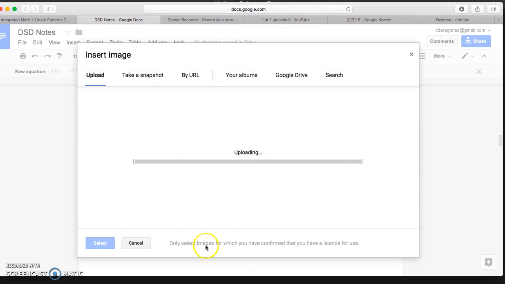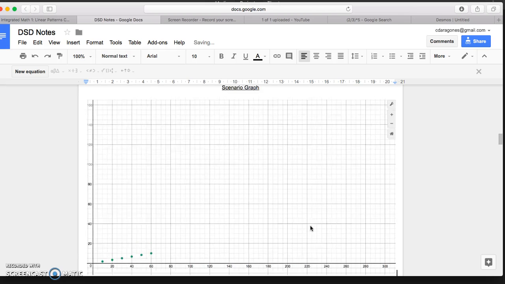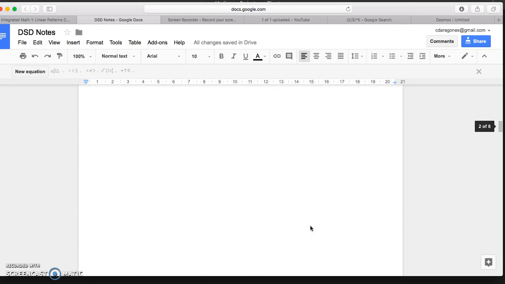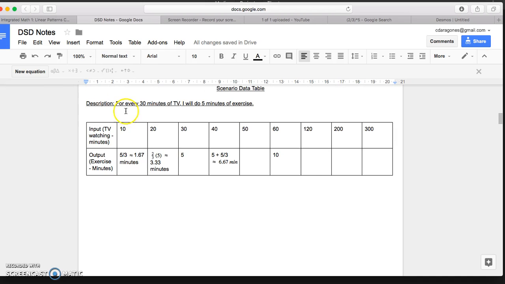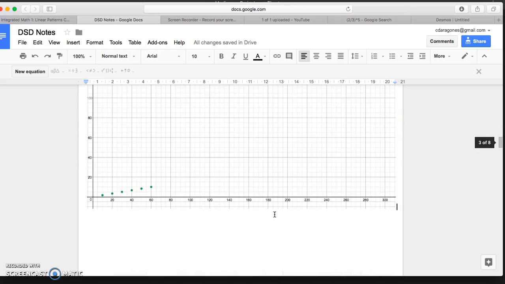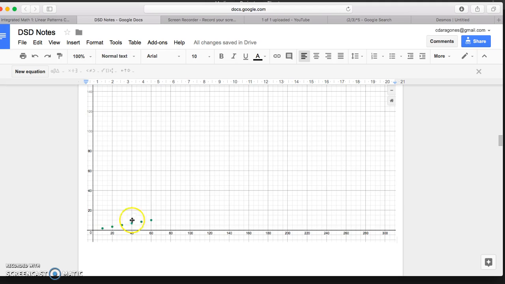Okay, so like I said, you already have a graphing notebook, so you should have all these axes. My data went from 10 minutes of watching TV to potentially 300 minutes of watching TV. So I graphed some of my data points already, and as you can see, they create a linear relationship, right? A constant rate of change.